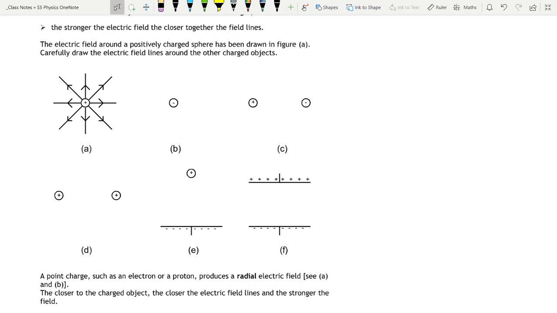So if you're bringing a positive charge here, next to the negative charge, which direction will it go? Towards the negative. So the negative one looks like the positive one, but the arrow is in the opposite direction. So we'll draw that one in first.